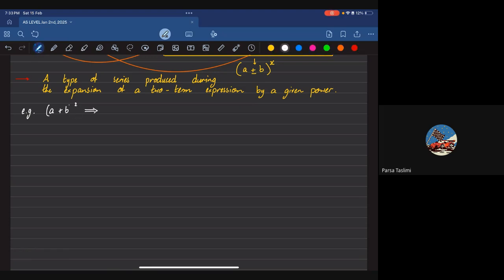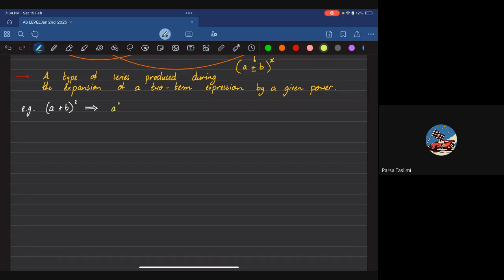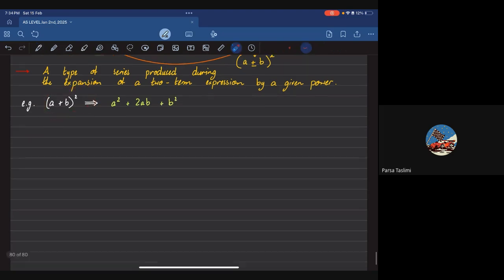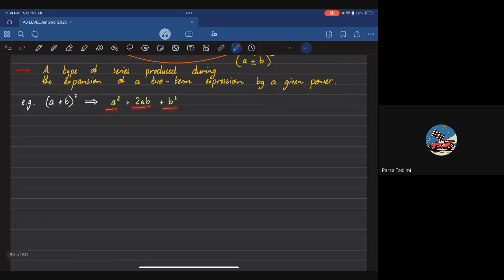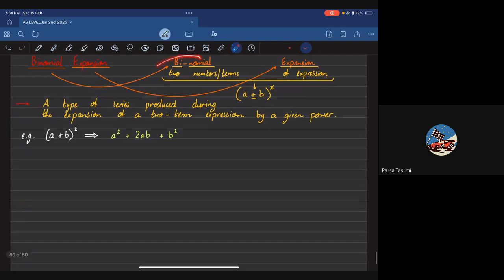Now, this is a two-term expression which is being expanded by a certain power, and what does it yield? It yields a squared plus 2ab plus b squared. So from this two-term expression, which was being expanded by a certain power, I received multiple terms. So it became a polynomial expression, from a binomial expression to a polynomial expression. Is this clear?